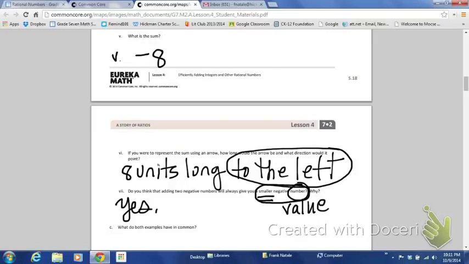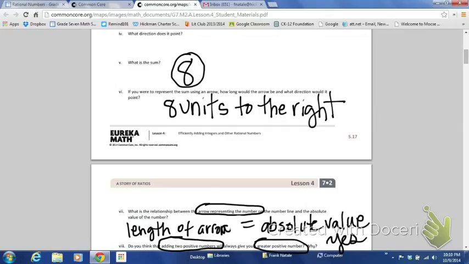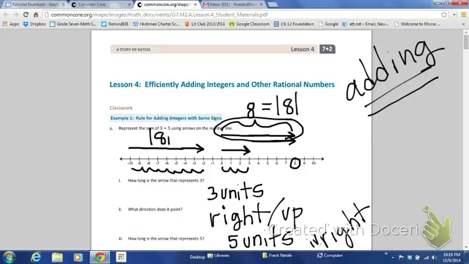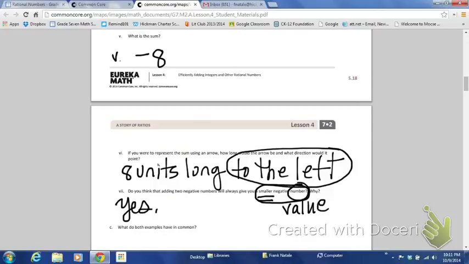And C here says, what do both examples have in common? Well, if you notice the length, I think I erased it. Oh no, I didn't. Here we go. Here's the length of our sum's arrow here, and there's the length of the other sum's arrow. You will notice that they both have the same length.